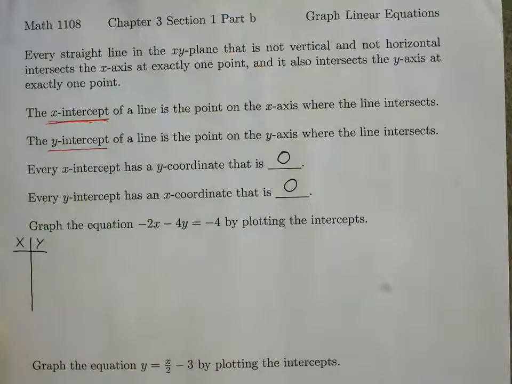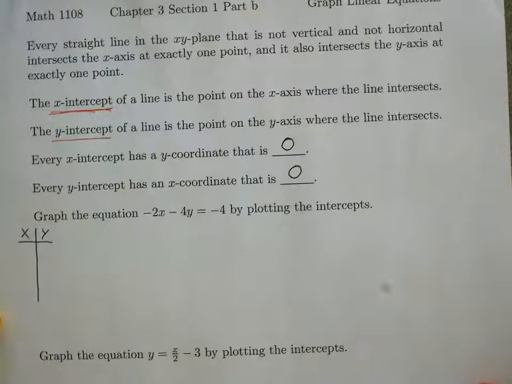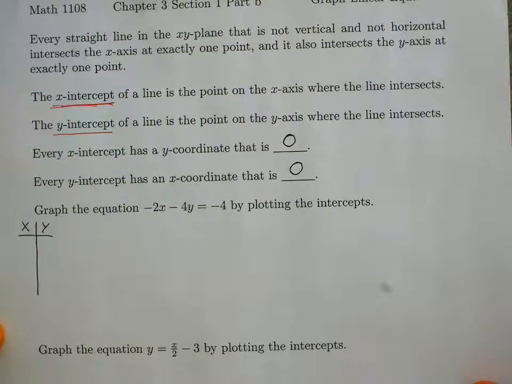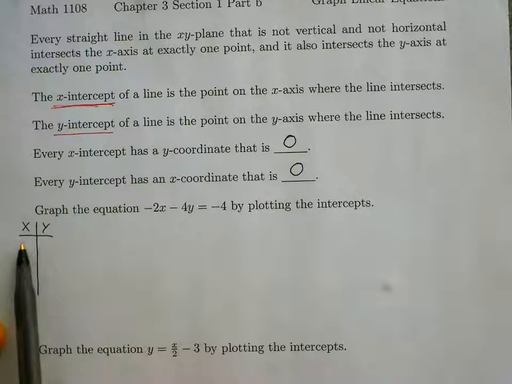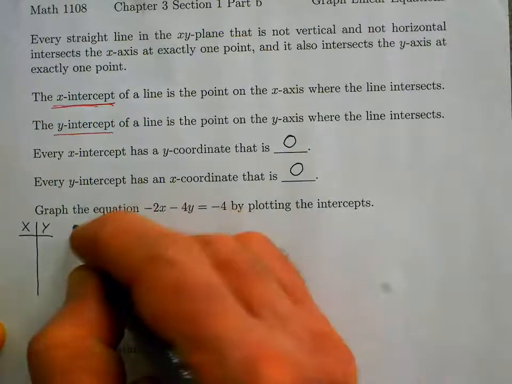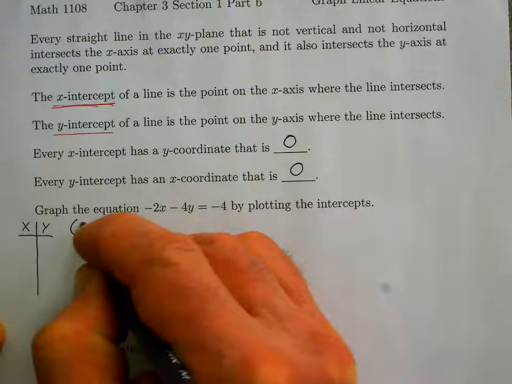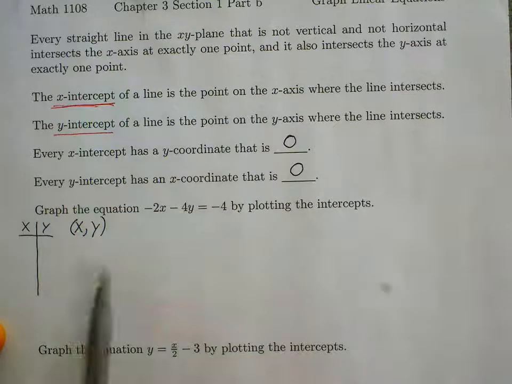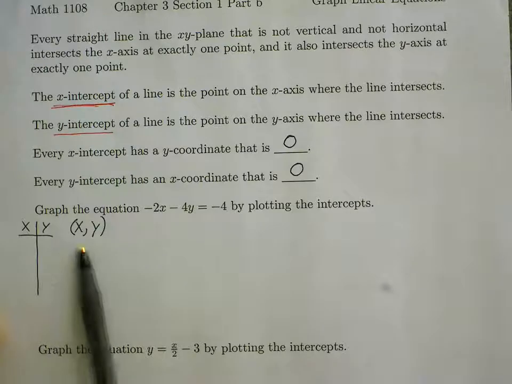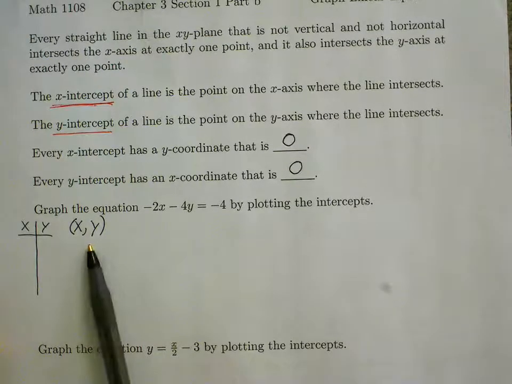Then we'll plot the ordered pairs that are the x and y intercepts in the xy plane. So I'm creating a table for the x and y coordinates, and then afterwards we'll more formally identify them as ordered pairs, x comma y in parentheses.